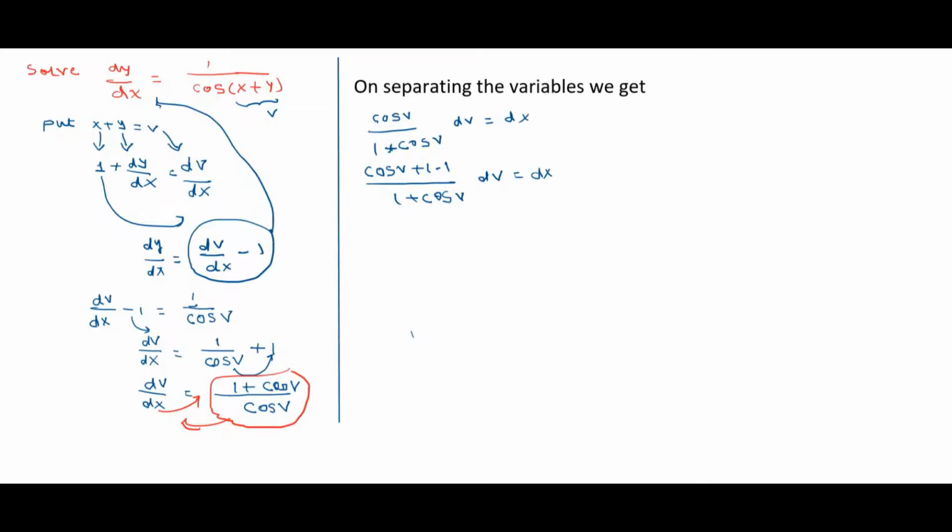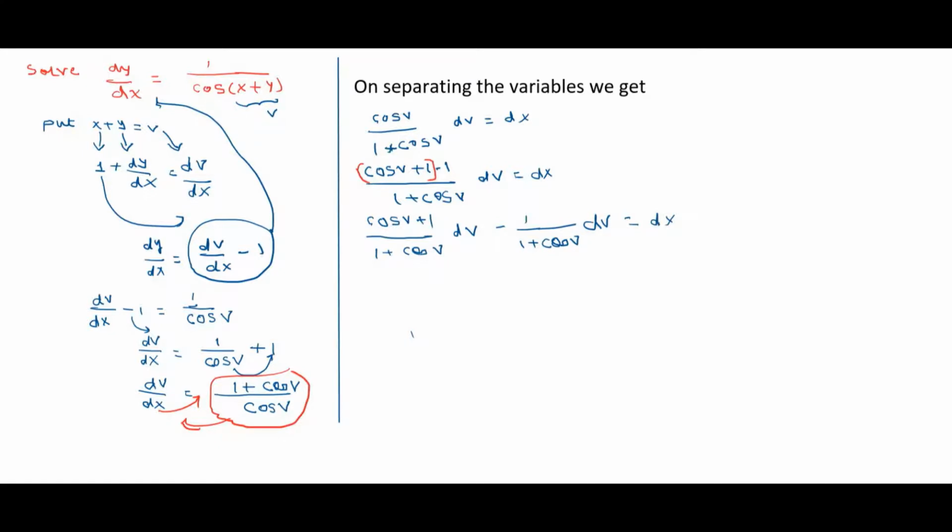Now here you can separate the denominator for numerator terms. So I will collect the first two terms in a bracket. We can write it as cos v plus 1 divided by 1 plus cos v into dv, and then the remaining term is minus 1 divided by 1 plus cos v into dv is equal to dx.